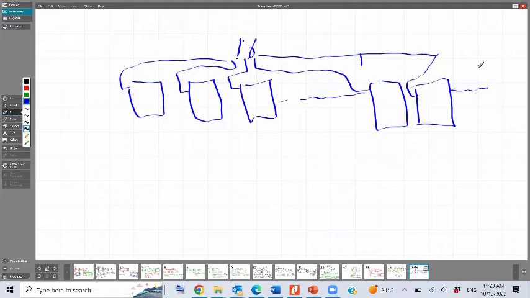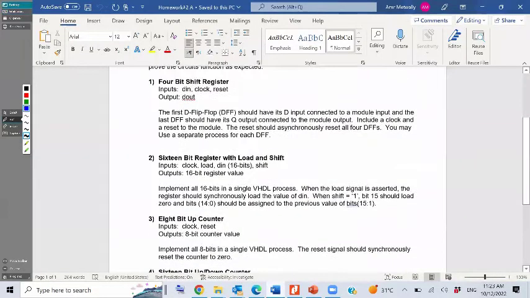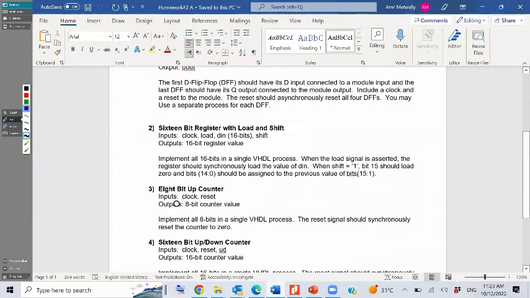And here, as you can see, the problem statement: 16-bit VHDL process. When the load signal is asserted, the register should synchronously load the value of D, all of the values.